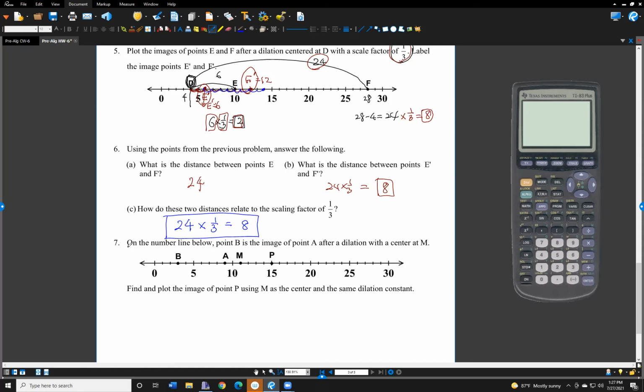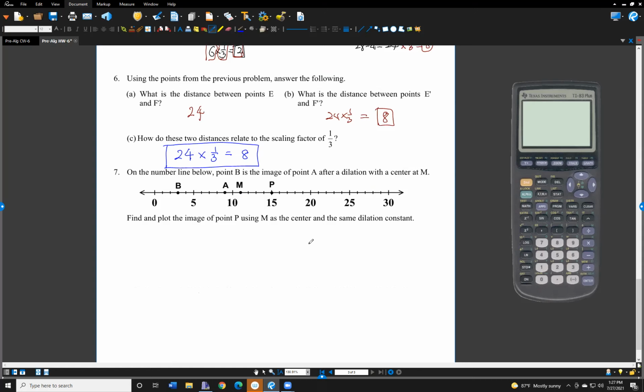All right, number 7. Another number line. Where's the center? M is the center right now. This is the center.